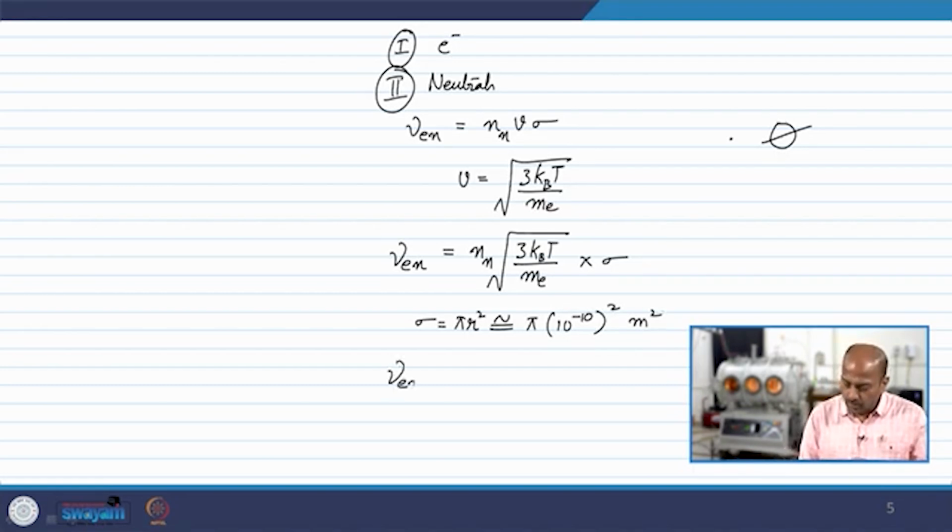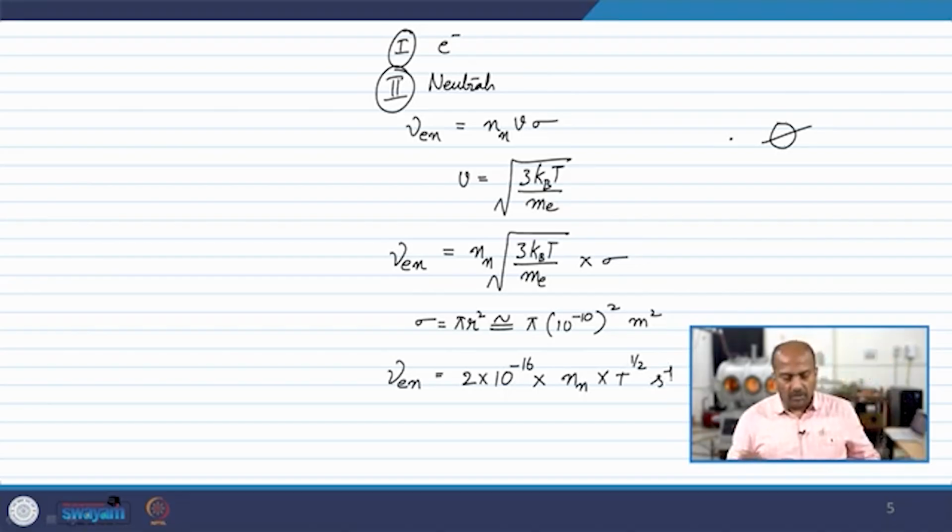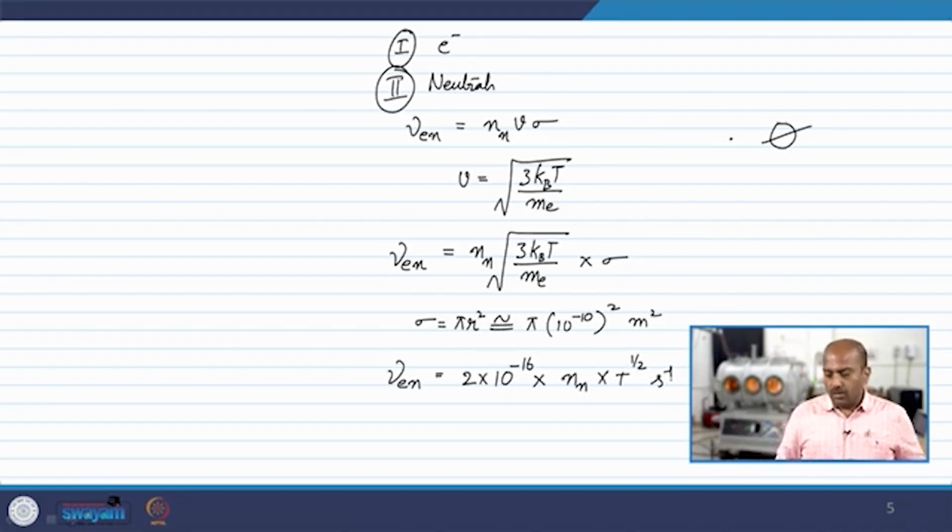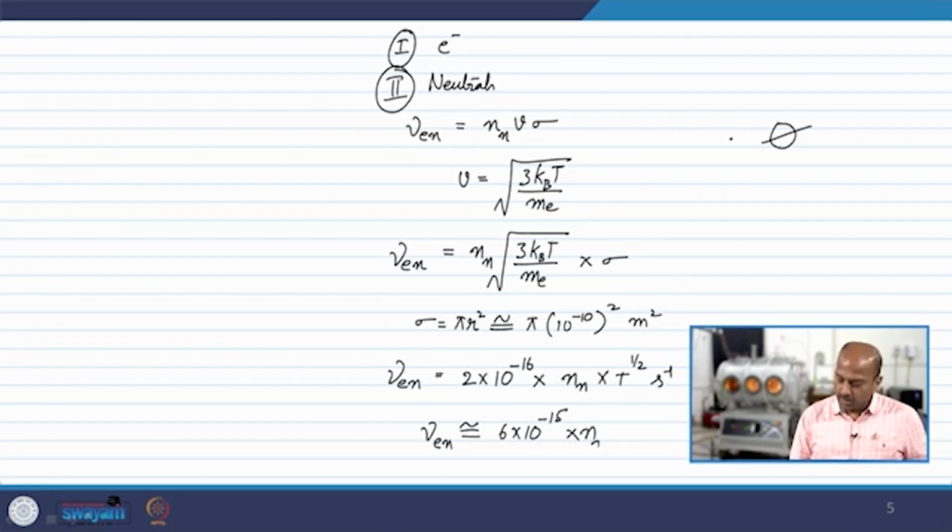Now, nu_en is approximately 2 times 10 to the power of minus 16 times N_n times T to the power of 1 by 2 second inverse, which is actually calculated using the known densities, and for plasma temperatures of approximately 600 Kelvin, this will be approximately equal to 6 times 10 to the power of minus 15 times N_n second inverse.